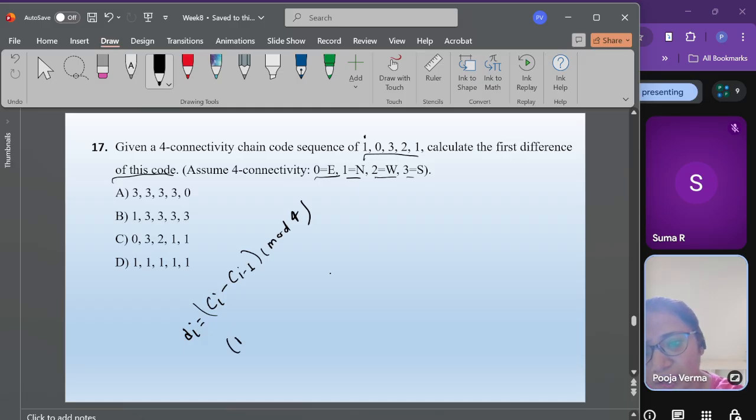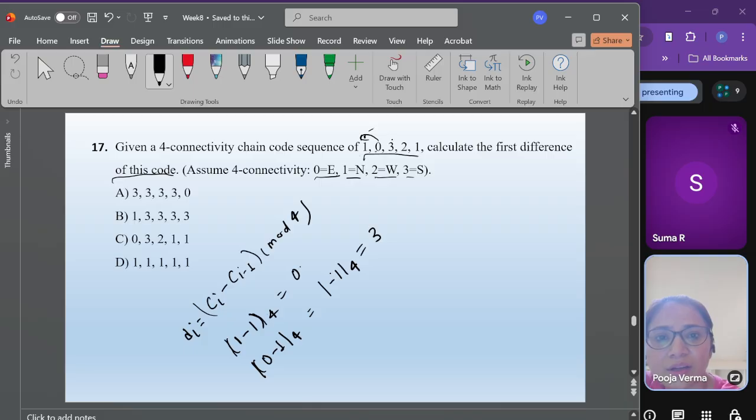So that is 1 minus 1, mod 4, which is 0. Now the next one is 0 minus 1, mod 4. Minus 1 mod 4 gives 3. Then 3 minus 0, mod 4, which is 3.